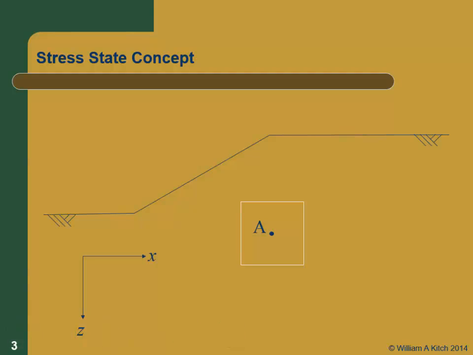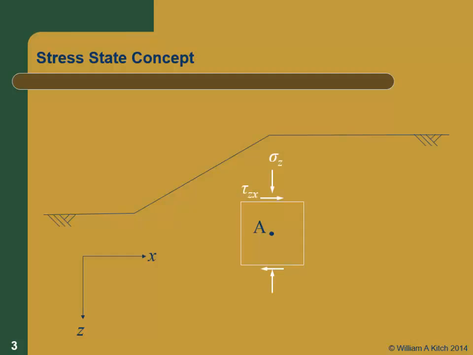Gravity points down, ground's kind of level. We're going to drill sampling borings that go straight down, so the initial coordinate system we're interested in is the XY coordinate system, and in that system, we're going to have a normal stress sigma z coming down. There's going to be a shear stress tau zx there.